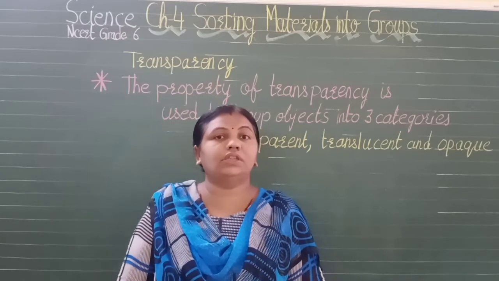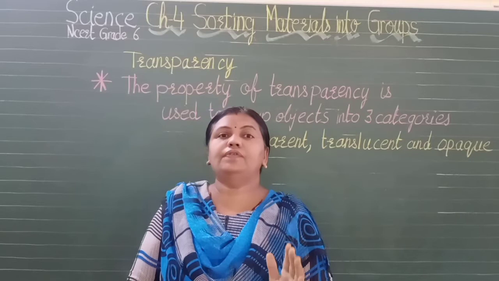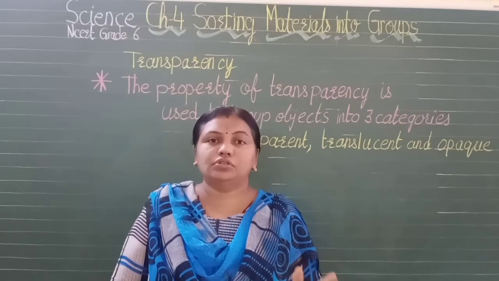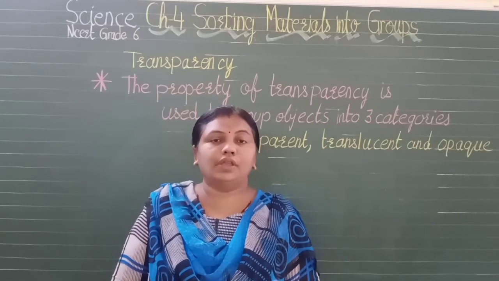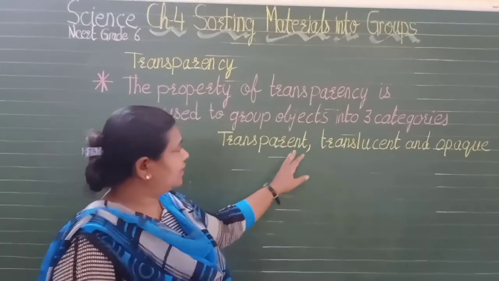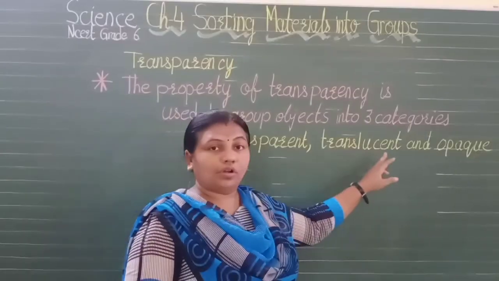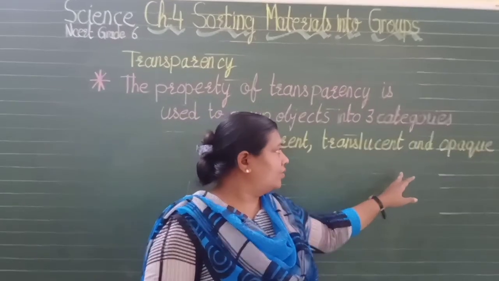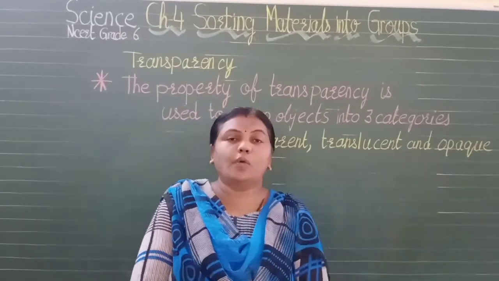We cannot see the things clearly from those objects. So such objects are known as translucent. I hope that you are clear with translucent also. Now our third one is opaque.